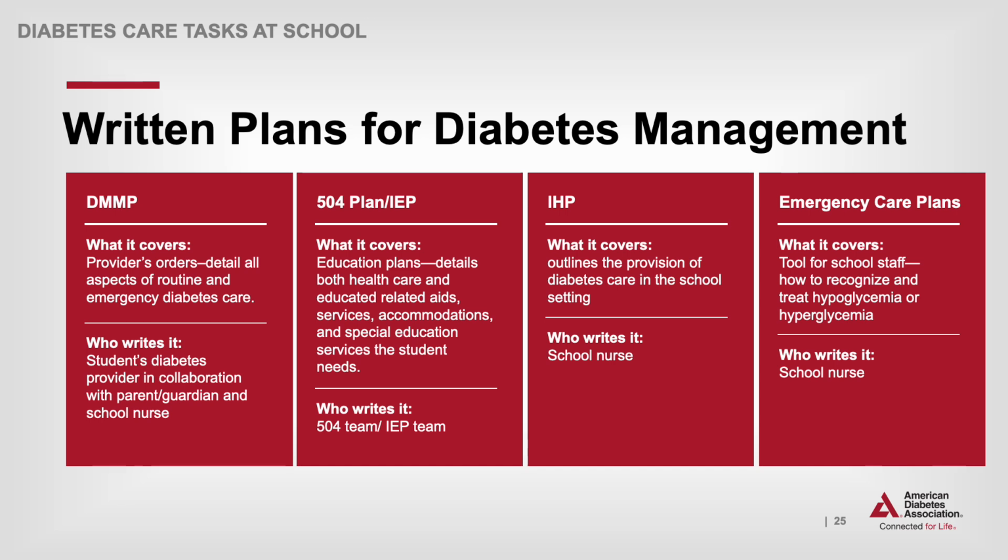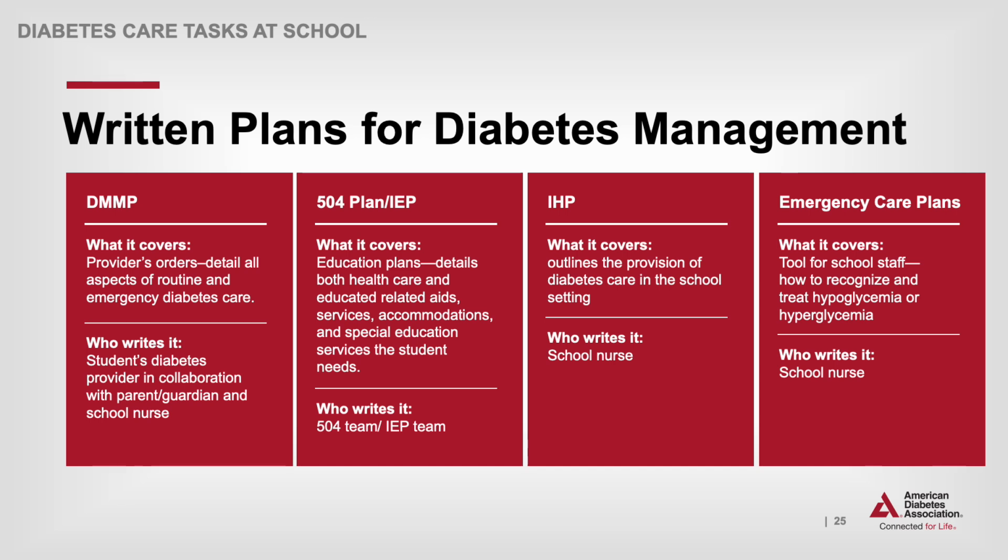These written education plans detail both health and education-related aids, services, accommodations, and any special education services the students may need. The individualized healthcare plan is a care plan developed by the school nurse that communicates the nursing strategies for the student in the school setting in accordance with the student's individualized DMMP.